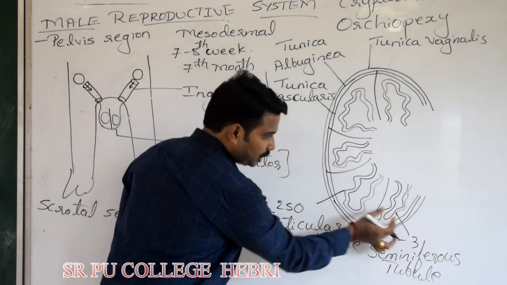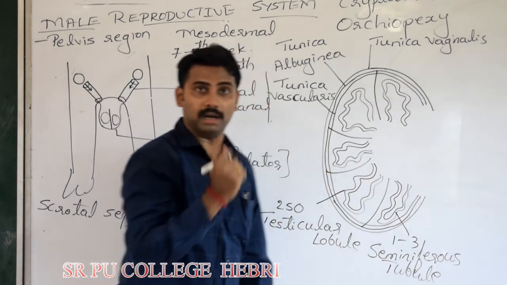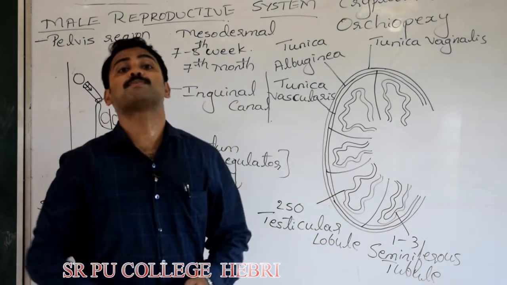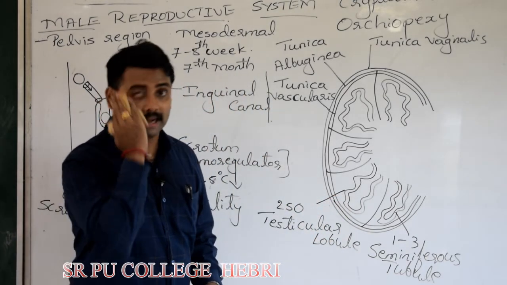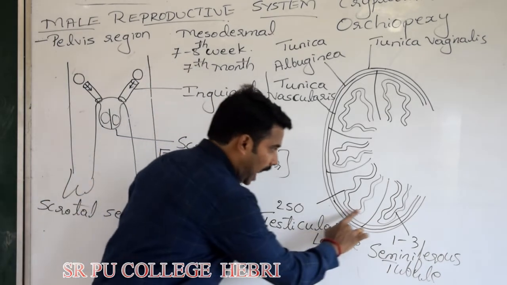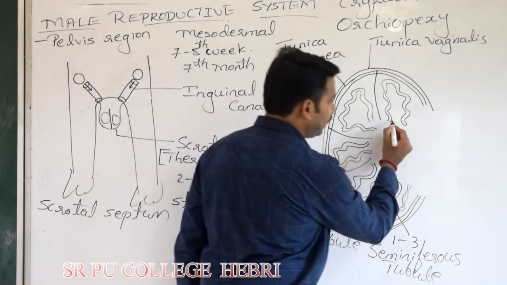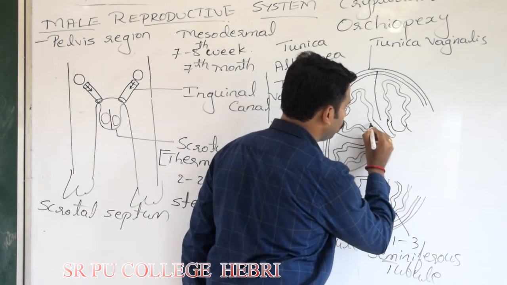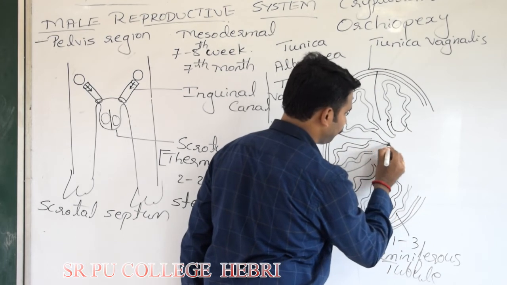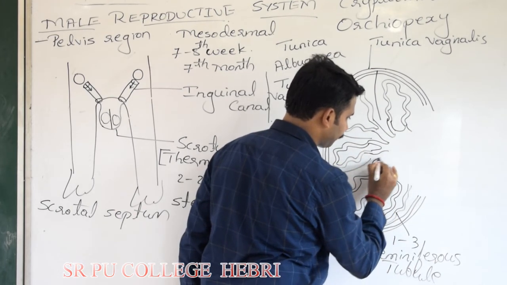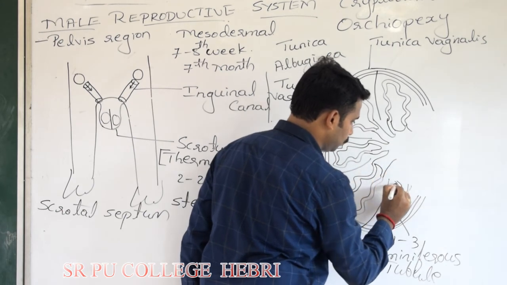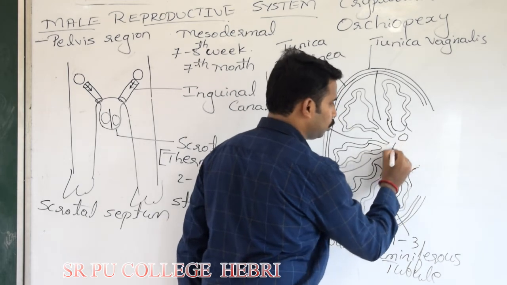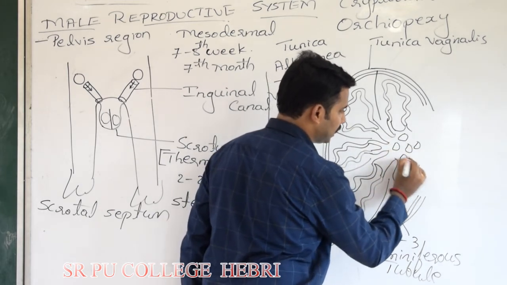Each seminiferous tubule which is coiled, present in the lobule, inside it the production of sperm occurs. These sperm travel through the tubule and many such tubules will join and lead to a network of vessels.